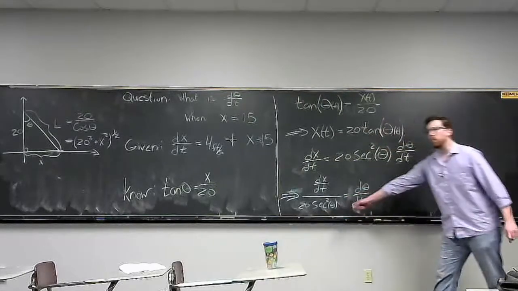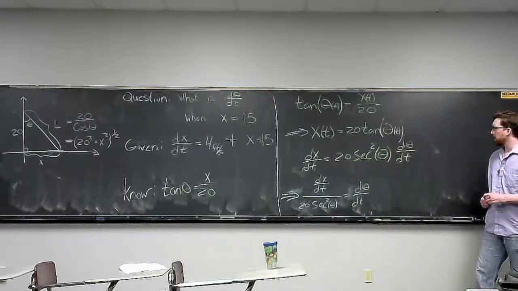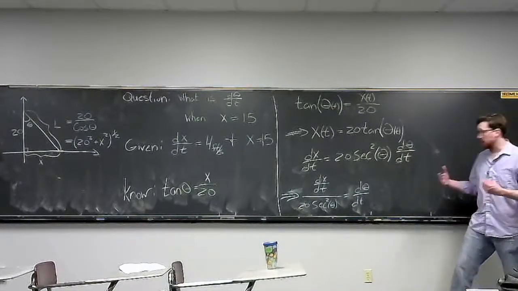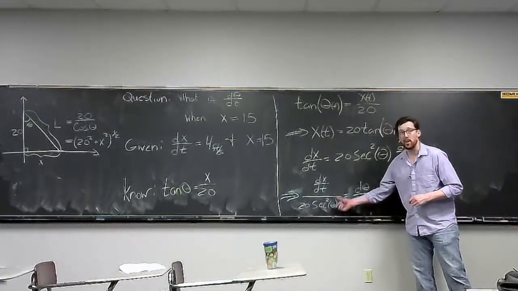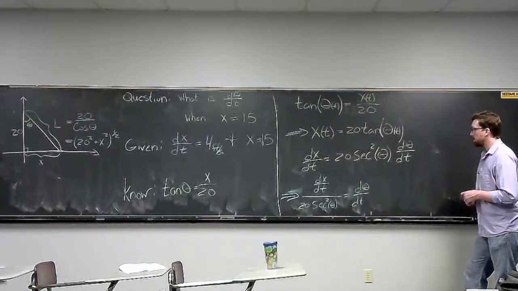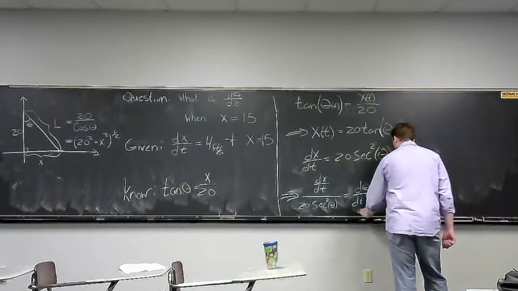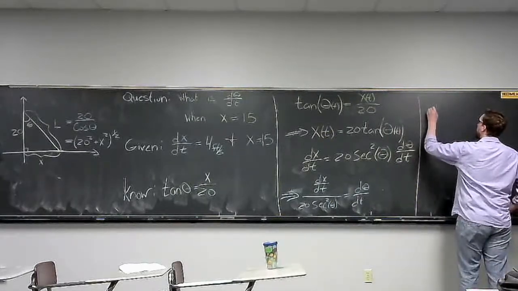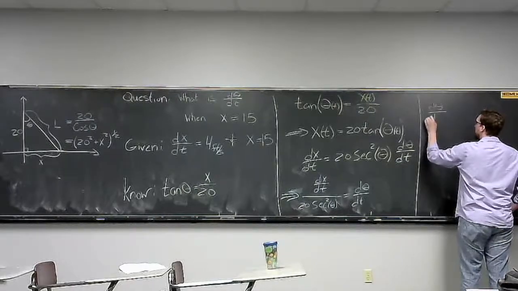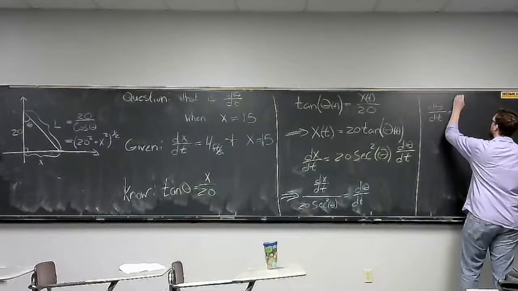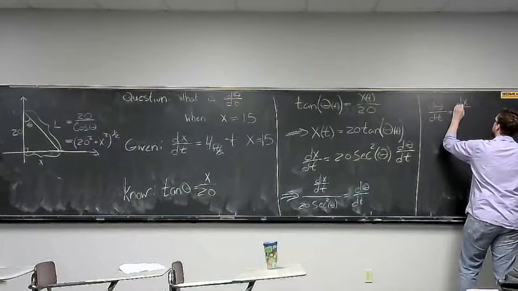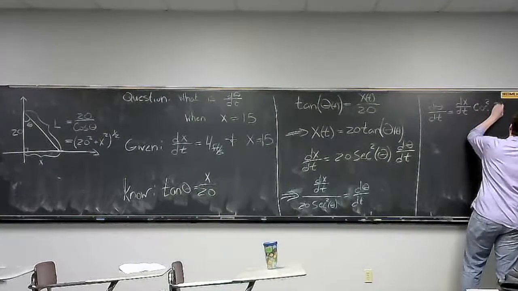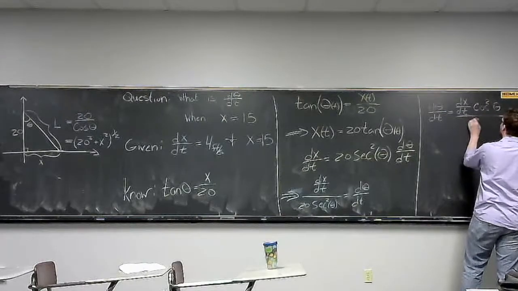But hey, we can rewrite this to be a little bit cleaner. Instead of writing 1 over secant squared, or in other words, instead of having secant squared in the denominator, we could rewrite this as d theta dt is equal to dx dt times cosine squared of theta, all divided by 20.